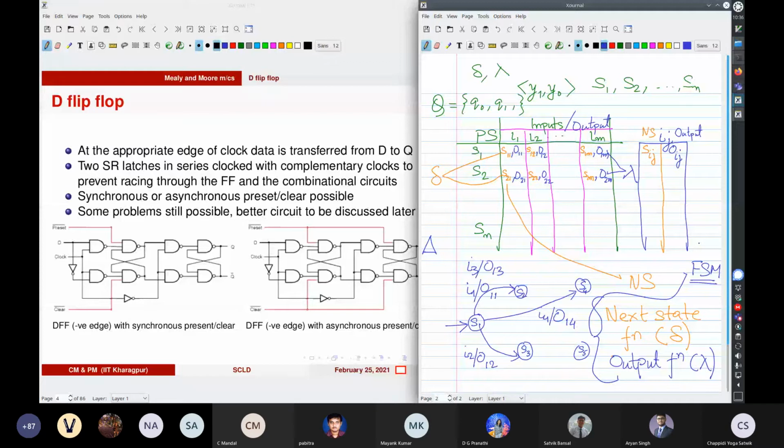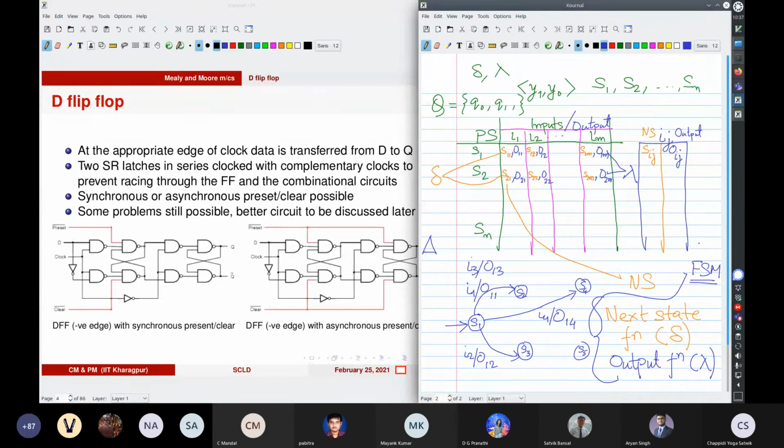Similarly, for a finite state machine, some of the entries in the table could be left unspecified because those could be don't care entries. A table where some of the entries are don't care entries represents an incompletely specified machine.